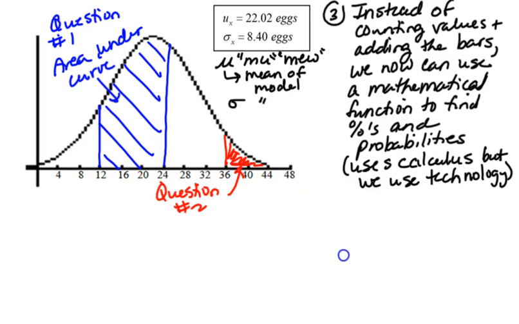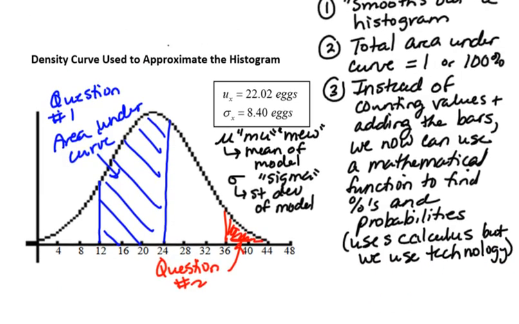This is sigma, and of course sigma would be the standard deviation of the model. So we use Greek letters usually when we're dealing with models, and English letters when we're dealing with the actual data. And then we will build on this later in the next video and talk more about what this is called and what we use it for. Right now, think of it as a type of density curve.